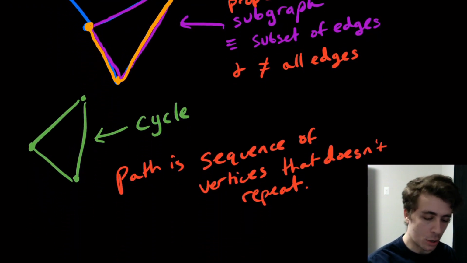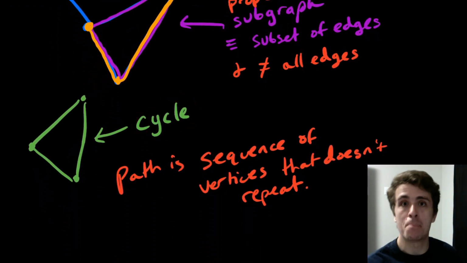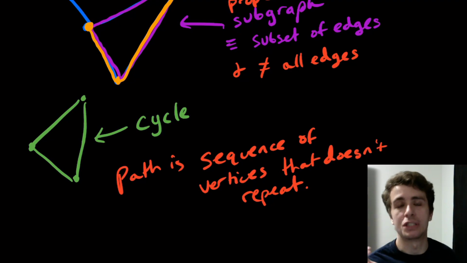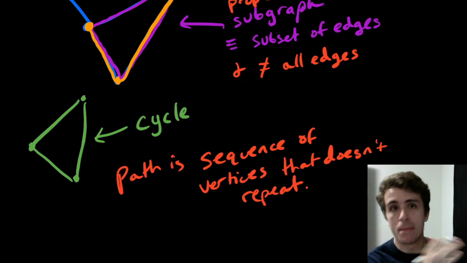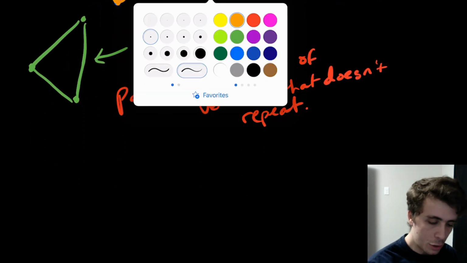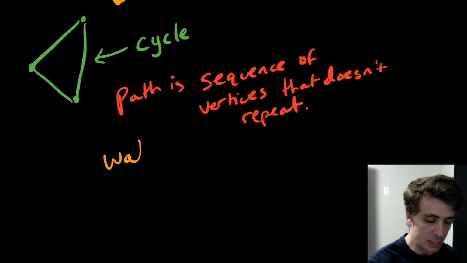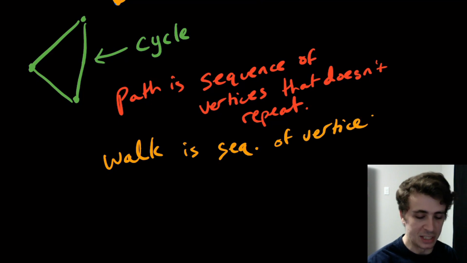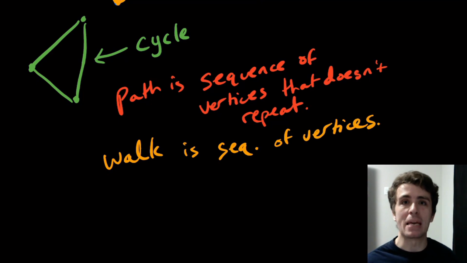A cycle is effectively a path, but the first and last vertices are the ones that repeat. There are none in the middle that repeat necessarily, but the first and the last one definitely repeat. Another term that we sometimes talk about is a walk, which is a sequence of vertices, and that's it. A walk can repeat vertices along it. It's just that a path doesn't.